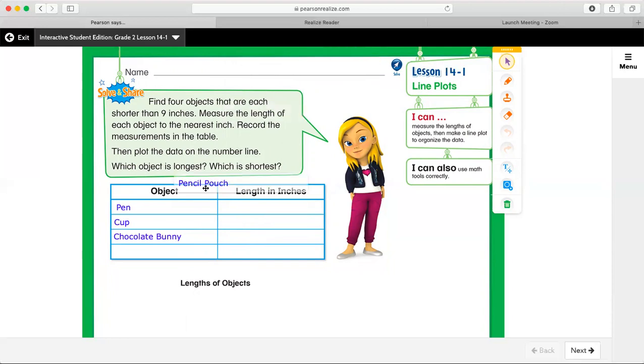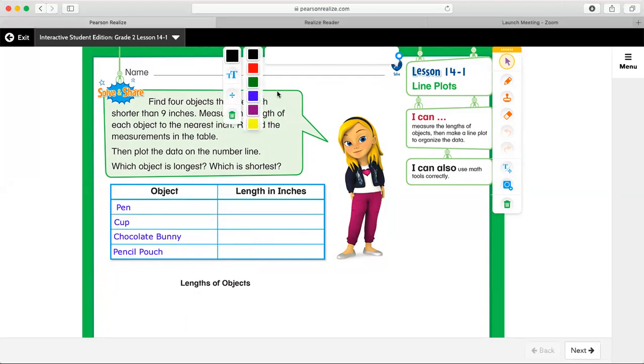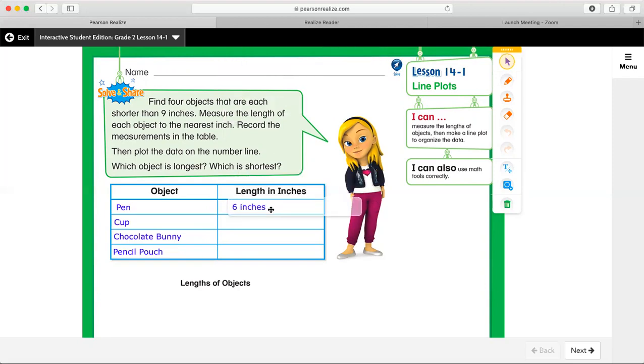And when I used my ruler on the inches side to measure them, my pen measured 6 inches. My cup measured 8 inches.